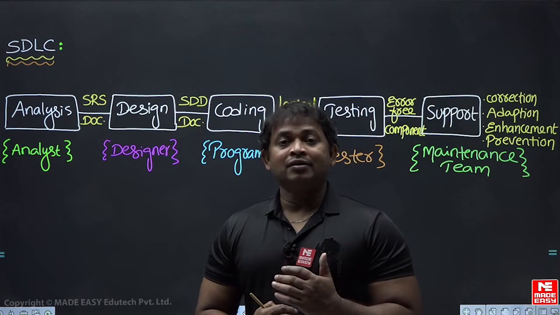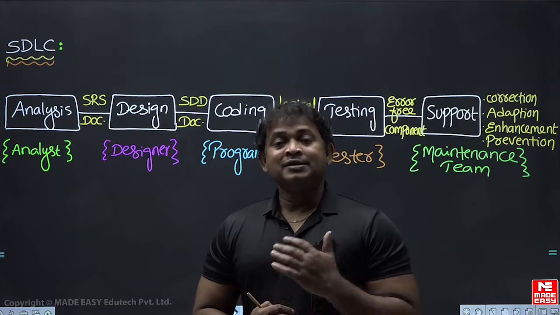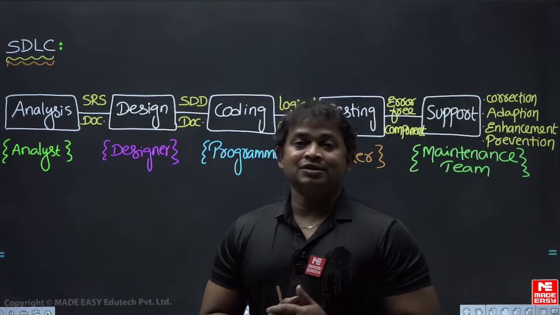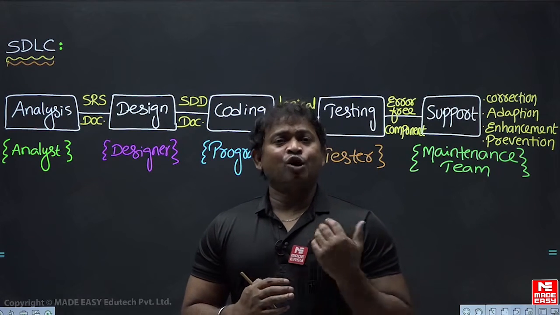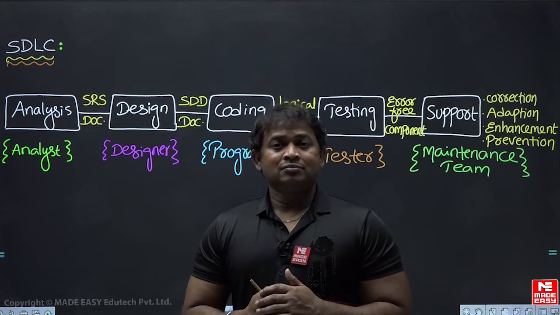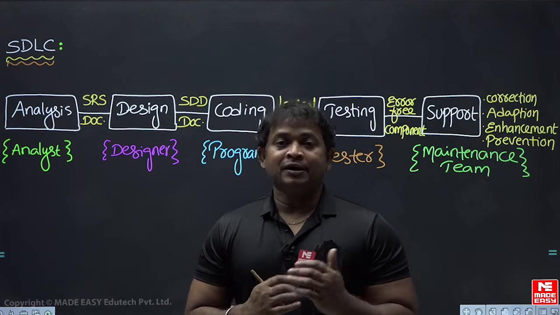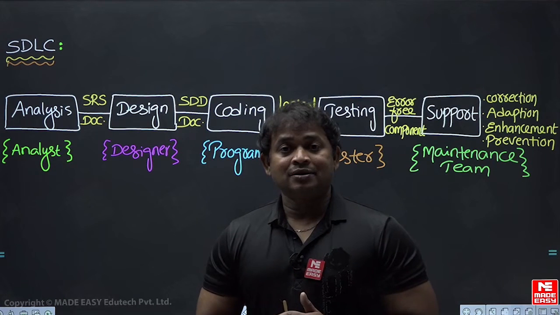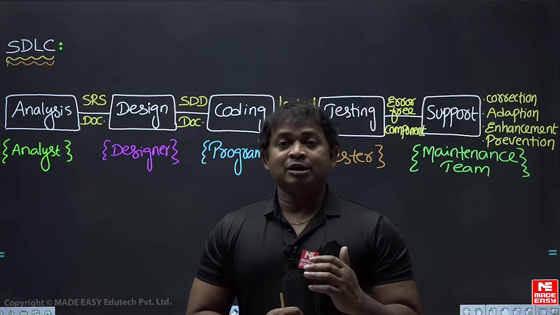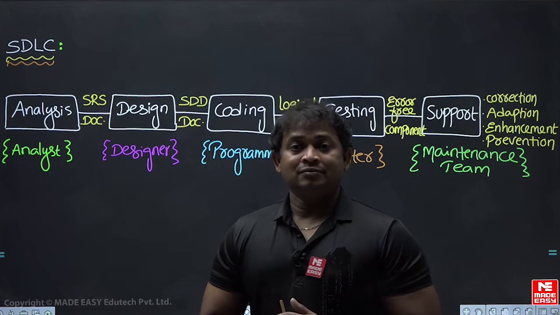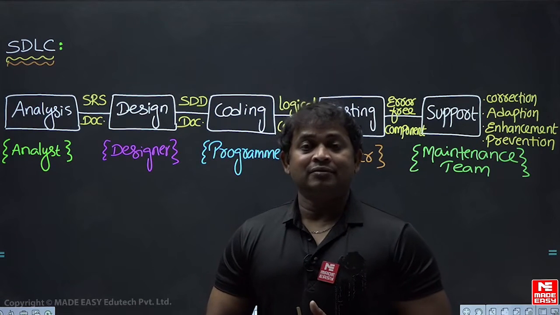Requirement engineering is present in the analysis stage to gather the requirements. After gathering all the requirements, a document is prepared by the system analyst. That document is called the software requirement specification document, that is the SRS document.